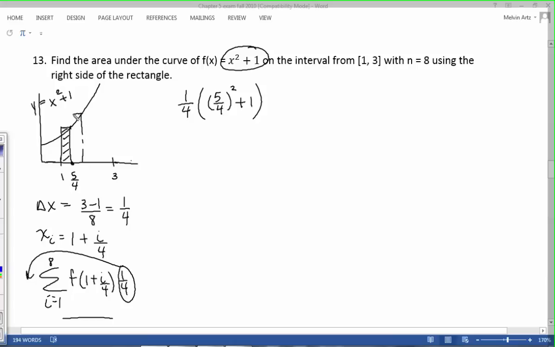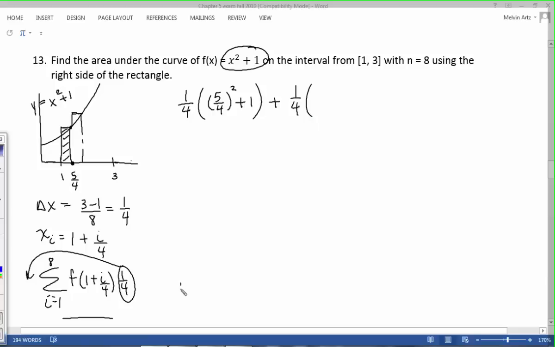Now the second rectangle. We know the width is 1/4, so we would be adding 1/4 to this value right here, which we said is 5/4. So if we went back to our Riemann sum, we know we would have 1/4 times, if we plug 2 in, 1 plus 2 over 4, which is 1 1/2.